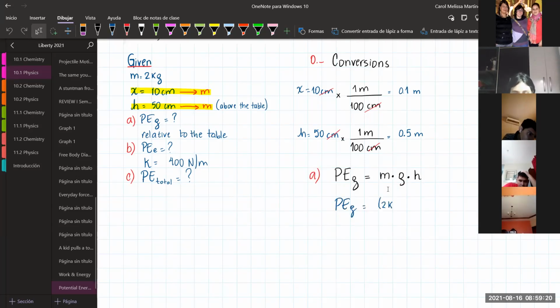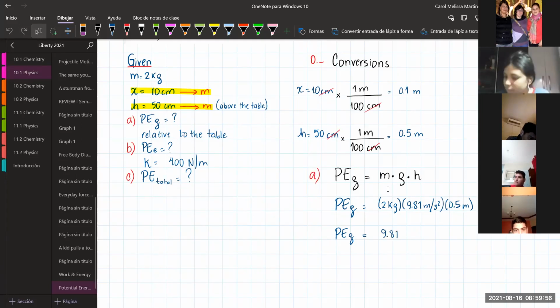This is 2 kilograms. This is 9.81 meters over second squared. And height is 0.5 meters. How much is this? It is 9.81. Now, in what units do we represent energy? In joules.